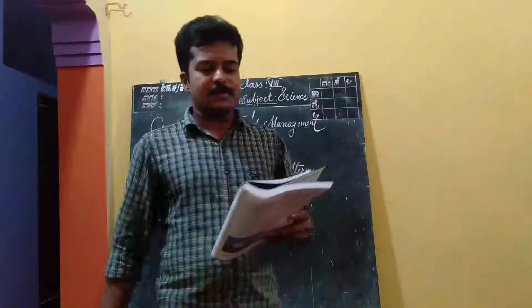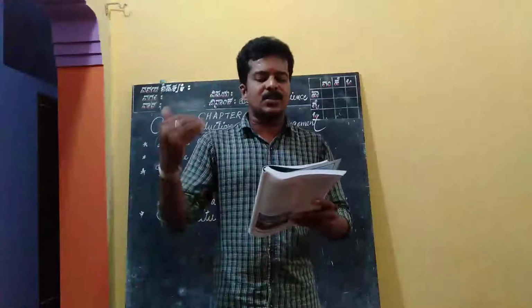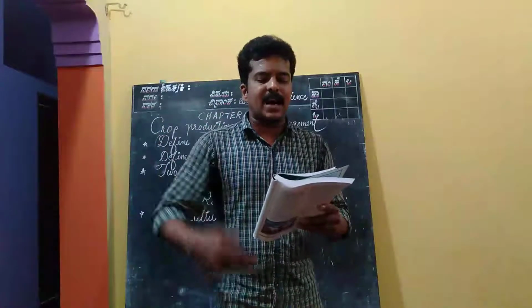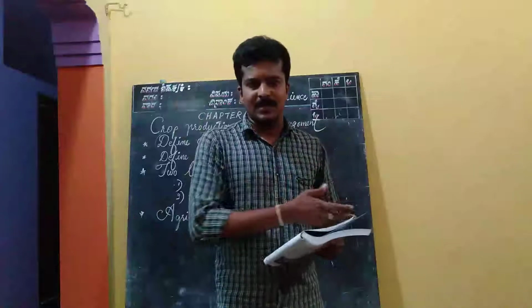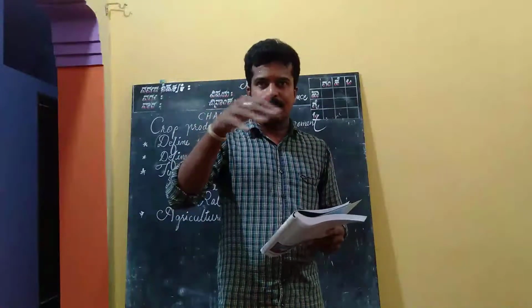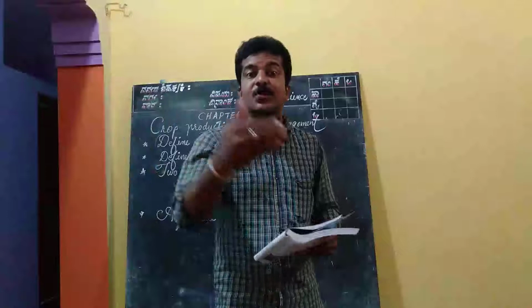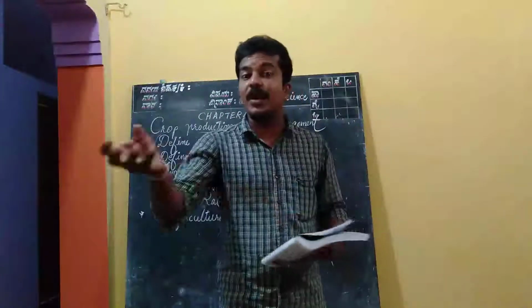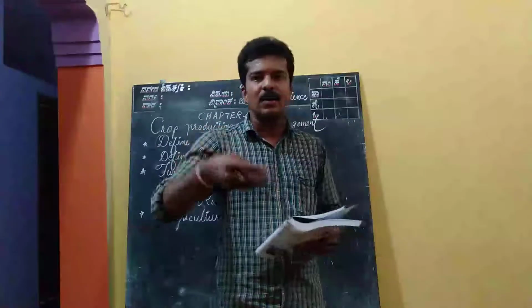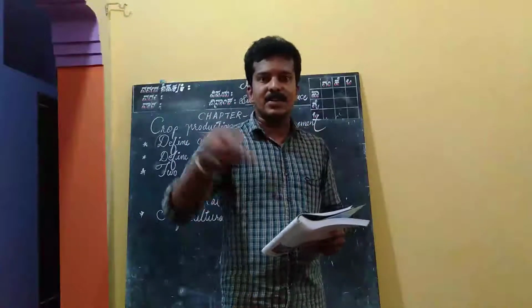Kharif crops. The crops which are sown in the rainy season are called kharif crops. We are sowing some of the crops now, during the rainy season. Sowing means sowing seeds.